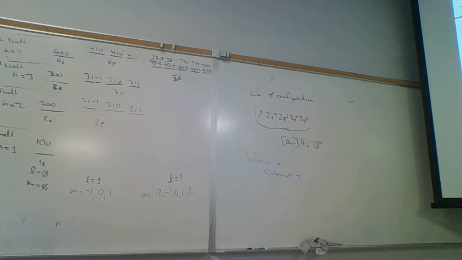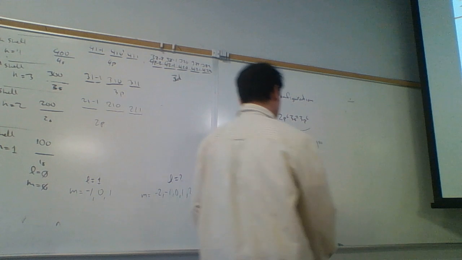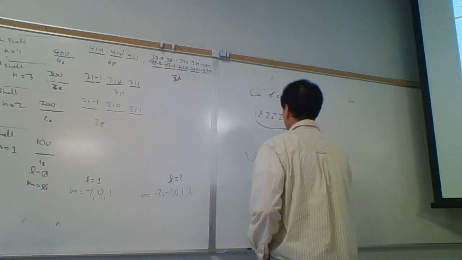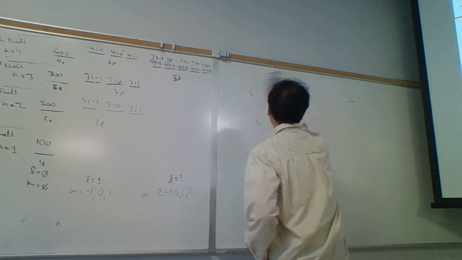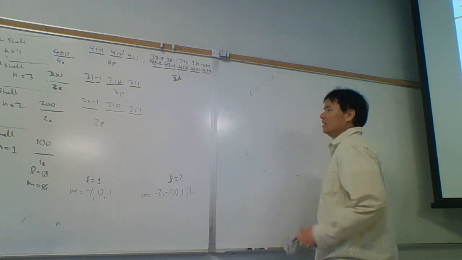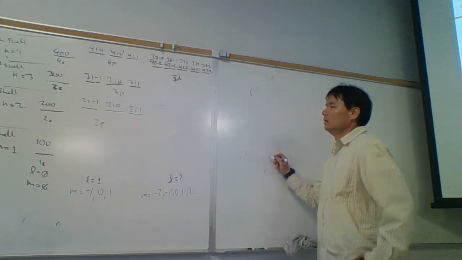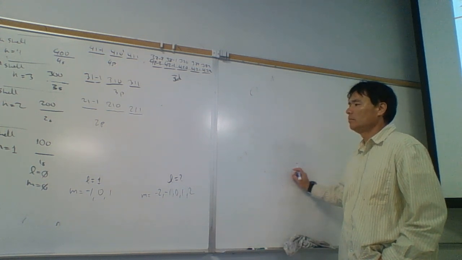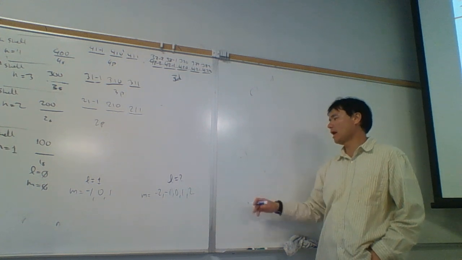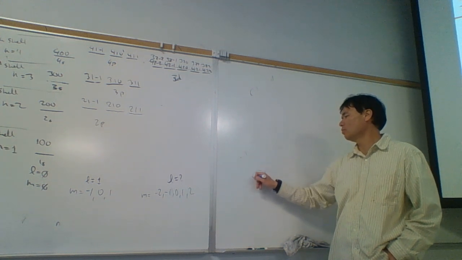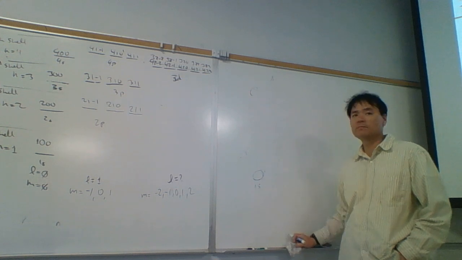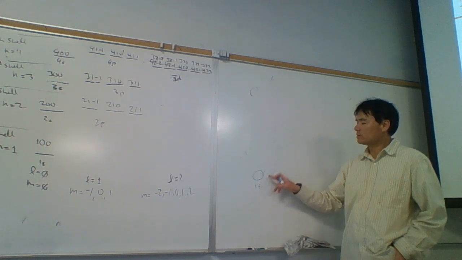Spatially, it's because of the shapes of these things. Spatially, it looks a little different. Let's compare the s orbitals. If a 1s orbital is this big, how much bigger is a 2s orbital?